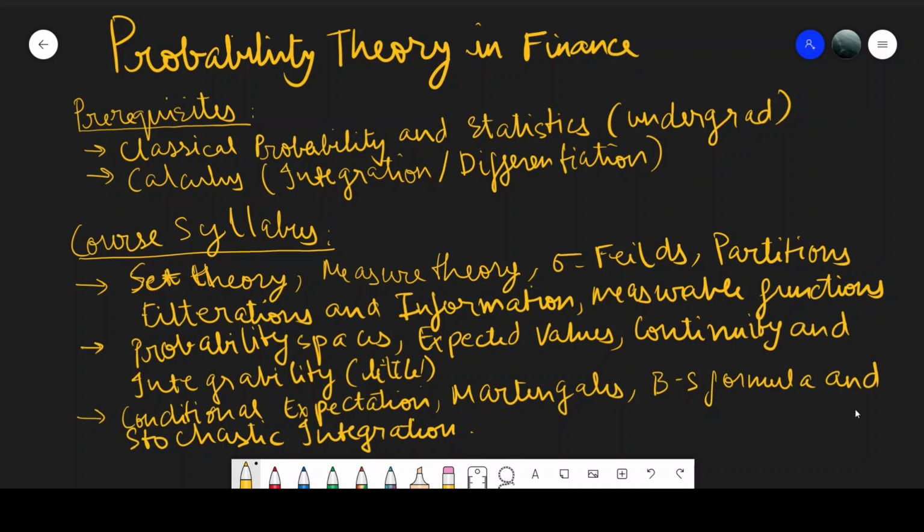This subject has a lot of abstract mathematics in it, which students from applied sciences or an engineering background aren't comfortable with because they usually haven't done it in their undergrad.